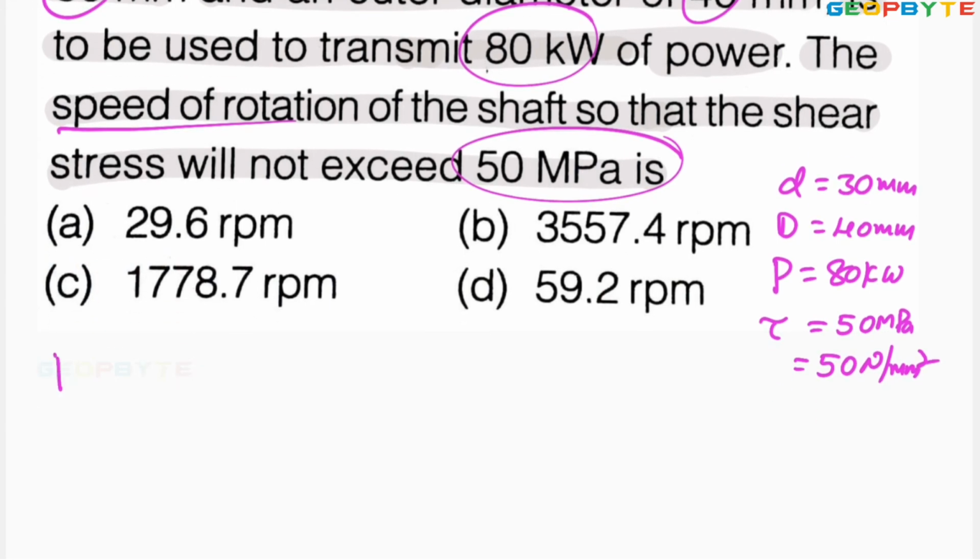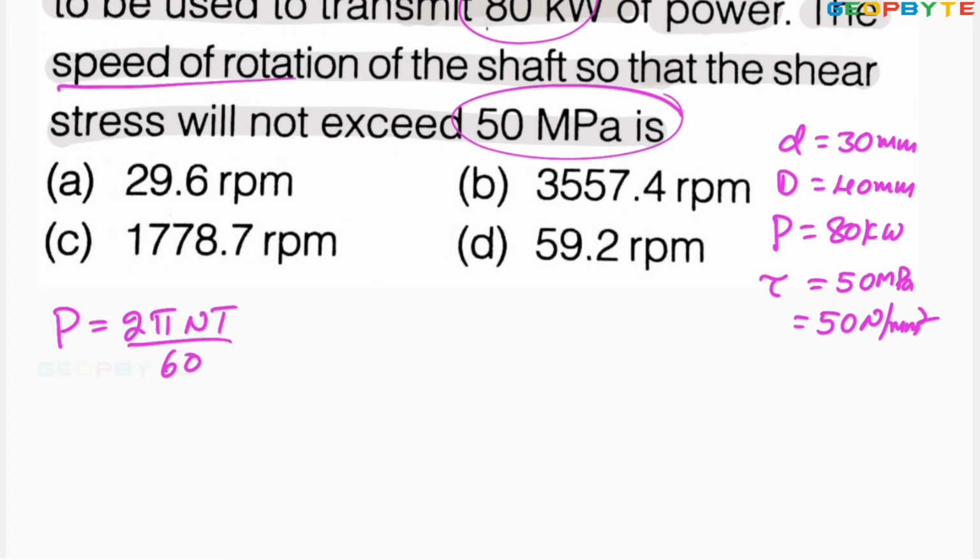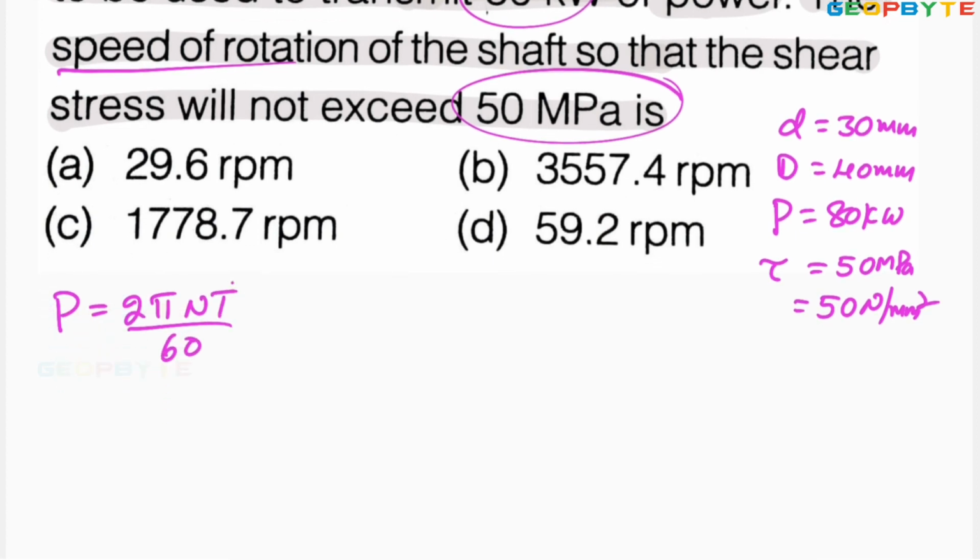Now as we know, power P equal to 2 pi nT by 60. Remember, this torque should be in Newton meter. From this the speed n equal to 60 P by 2 into pi into T. Power is given but you need to find the torque.